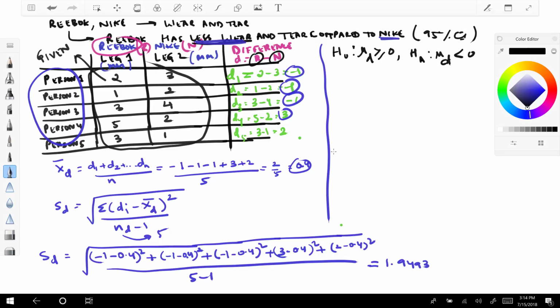So the next step would be to compare the test statistic with the critical value.